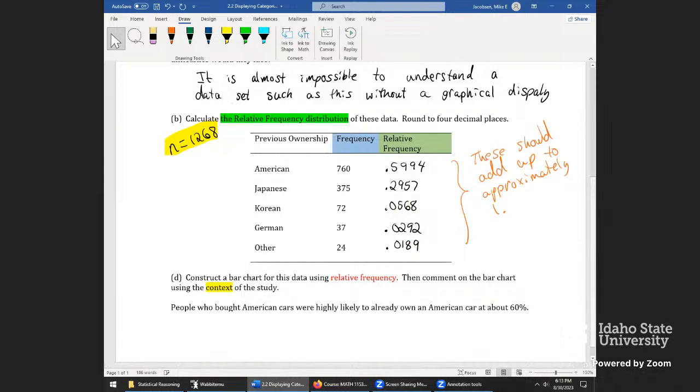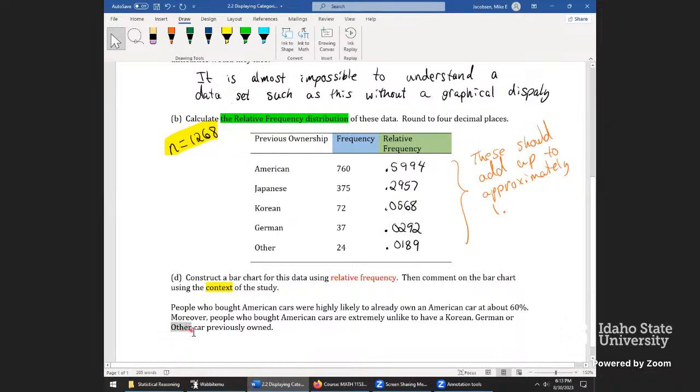So we might say also, moreover, people who bought American cars are extremely unlikely to have a Korean, German, or other car previously owned.